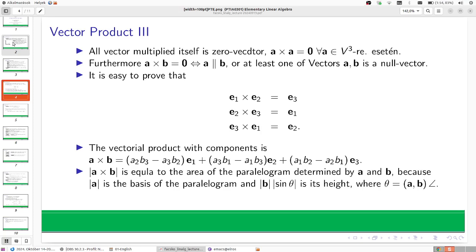We will do example tasks for this. It's not so simple. I don't know it by heart, but it's easy to remember honestly. From the unit vectors, you can easily memorize it.